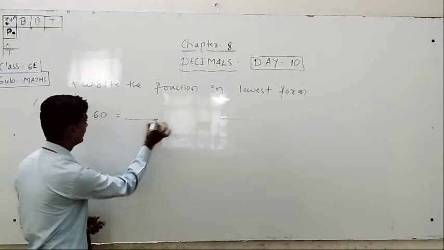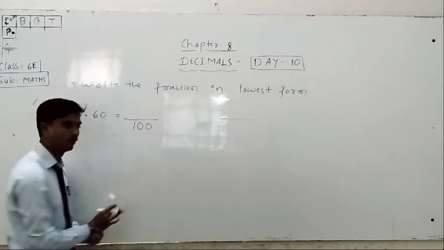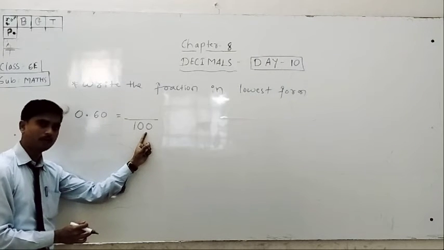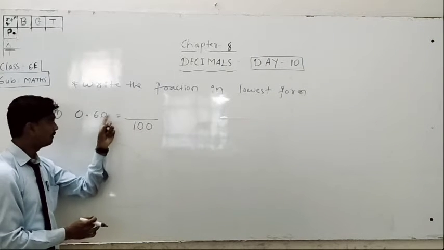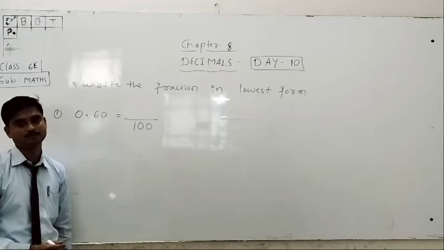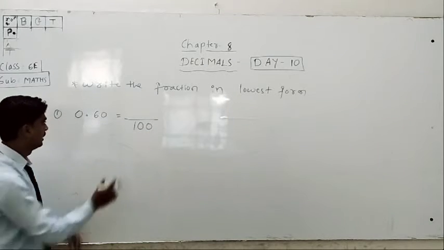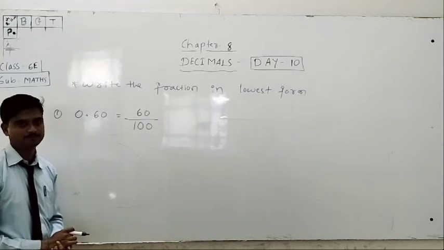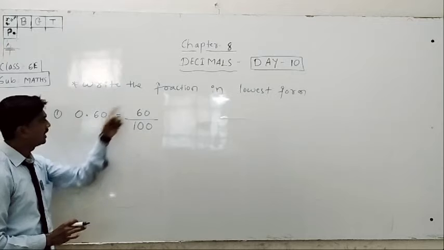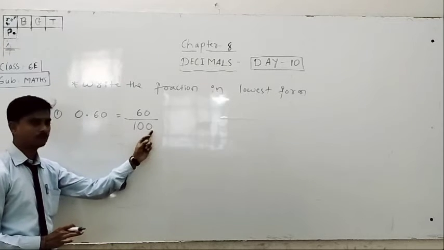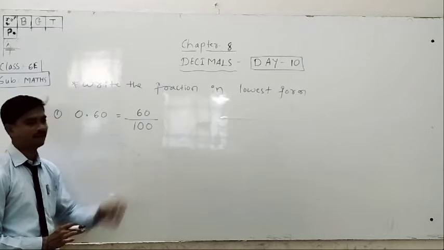You should write 100 here, because the last number is in the hundredths place. One more time, if the last number is in the thousandths place, we should write directly 1000. Understand? Then 60, you should write directly 60. How many zeros are there? Two zeros are there. 60 by 100.